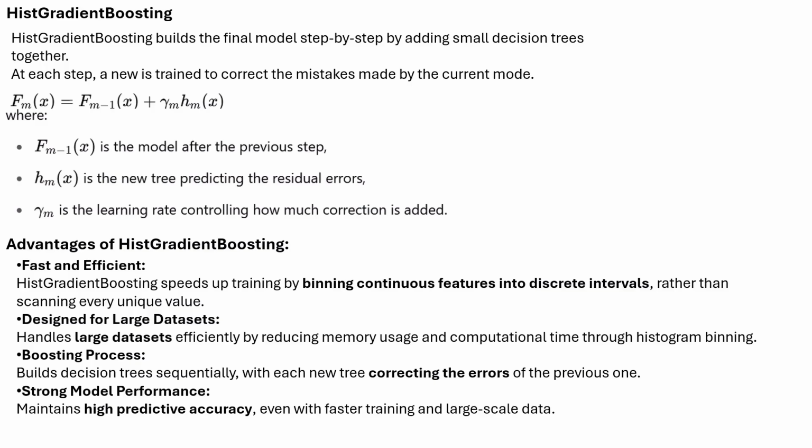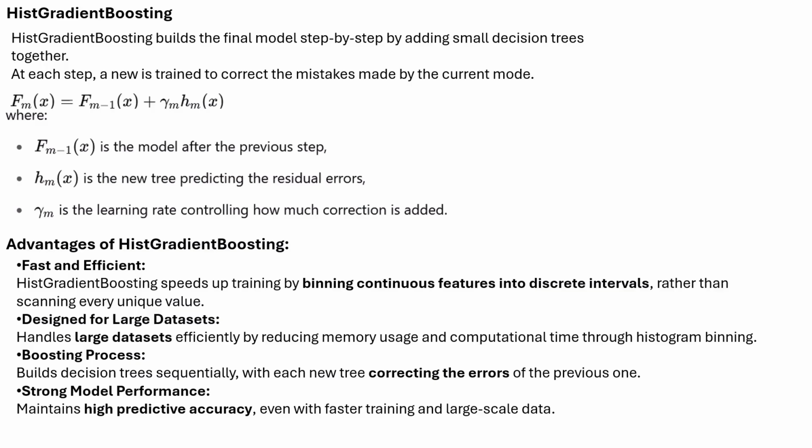For example, if a temperature feature ranges from 0 to 100 degrees Celsius, instead of considering every decimal value, the algorithm groups the range into bins like 0-10, 10-20, 20-30, and so on. This binning approach drastically reduces the computation needed at each split, making the model much faster, especially on large datasets like ours with over 28,000 samples.